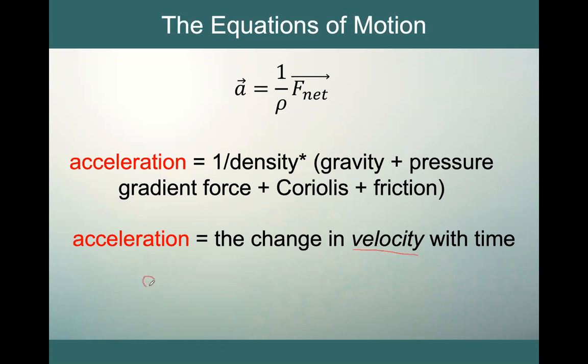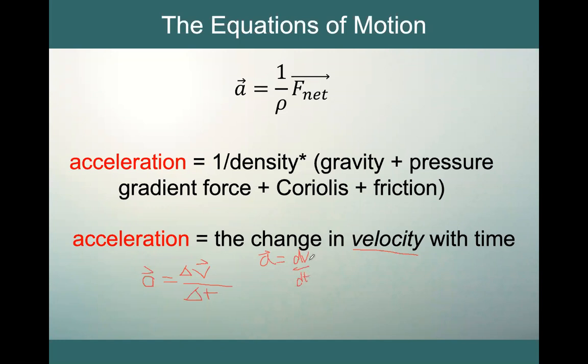We can write that as the acceleration is equal to the change in the velocity over the change in time. And we remember that if we allow delta t to go to 0, this becomes dv dt.